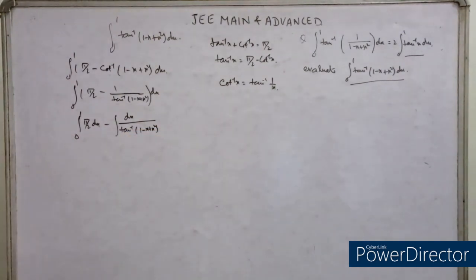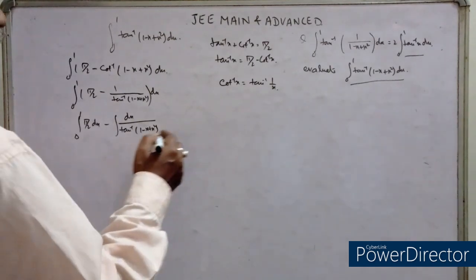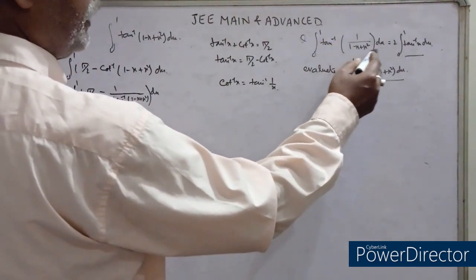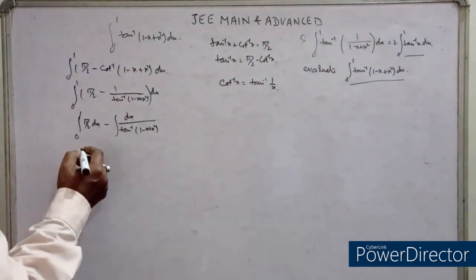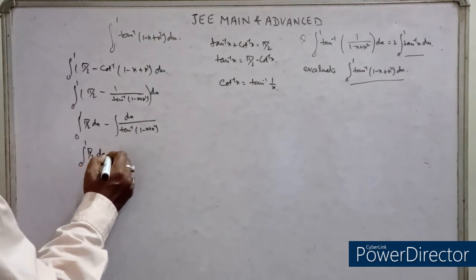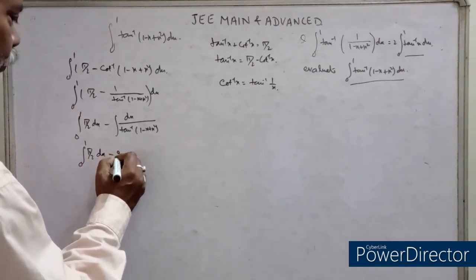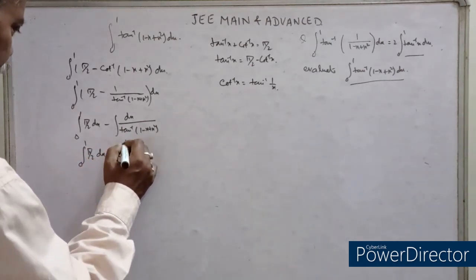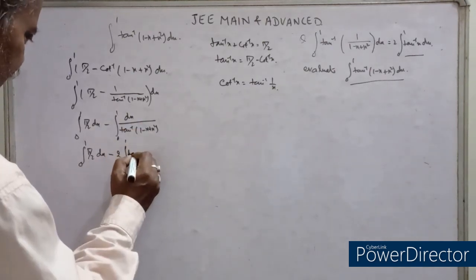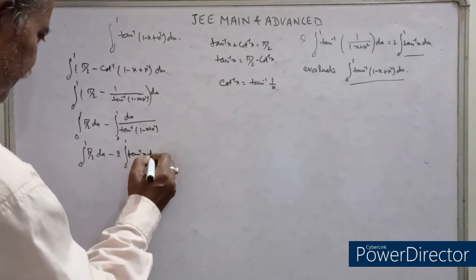We have already calculated that this is 2 tan inverse x, so I write integral from 0 to 1 of pi by 2 dx minus 2 times integral from 0 to 1 of tan inverse x dx.